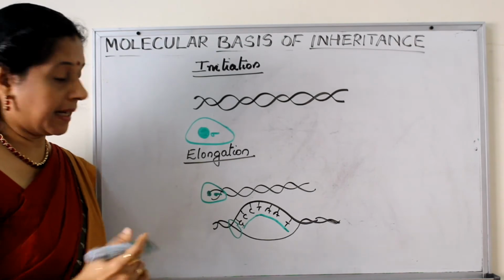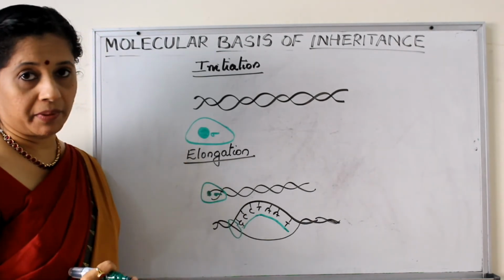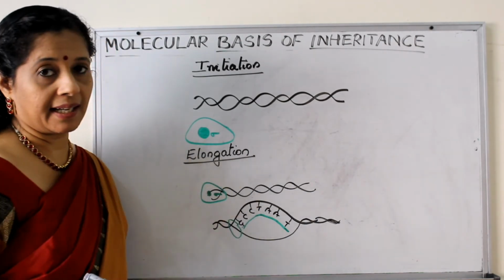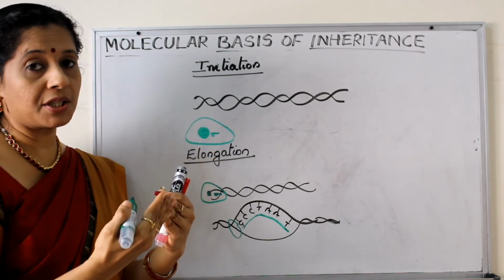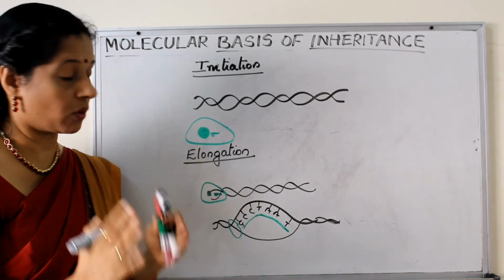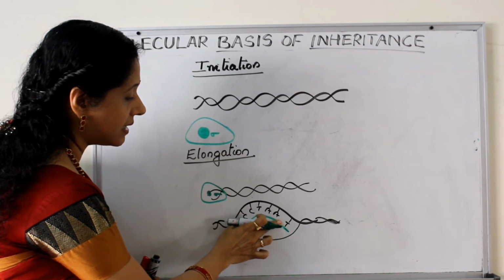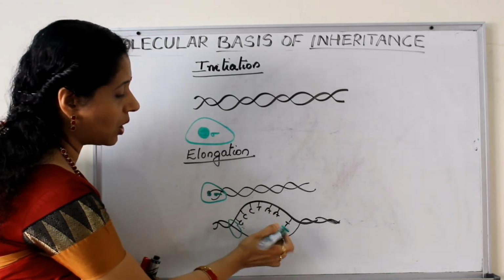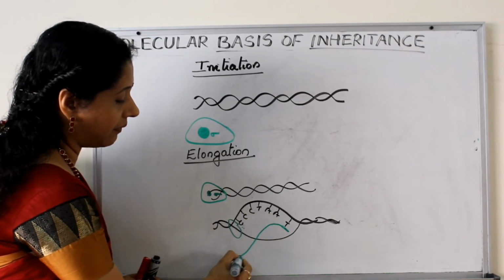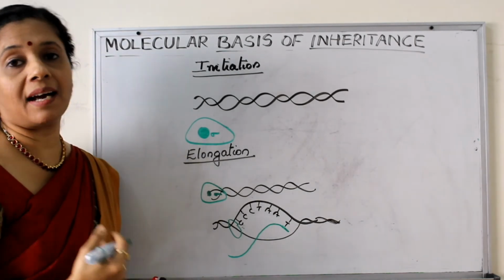But here again, this is RNA formed. The template is DNA. So can they bind with hydrogen bond? No, they are two different molecules. So this RNA is only attached at a small part. The rest of the RNA will be hanging down.